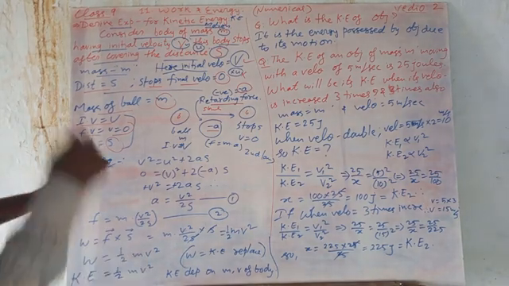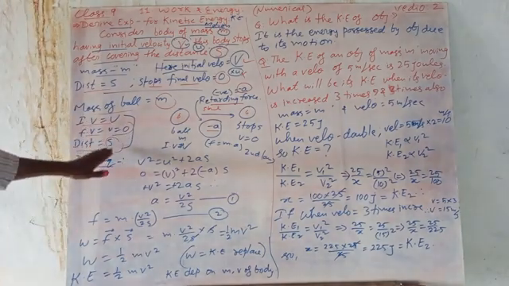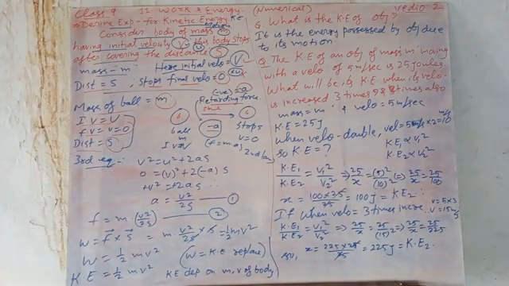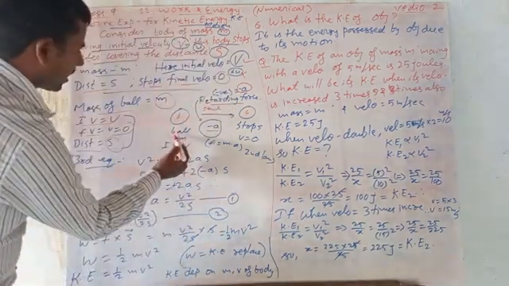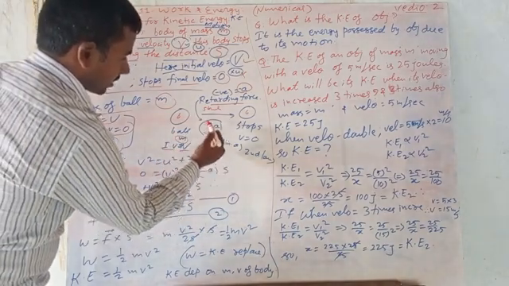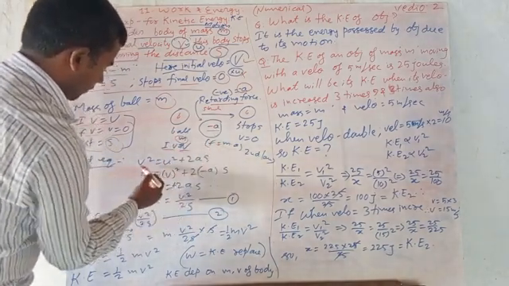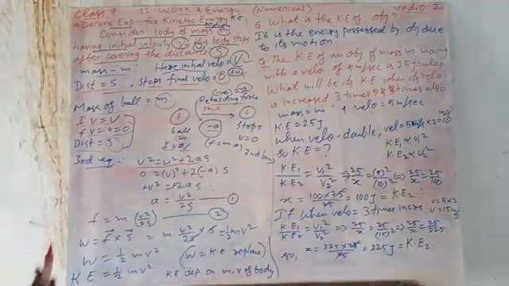So distance is s. What is the third equation? Coming to the third equation, v square is equal to u square plus 2as. That is the third equation, we already know.